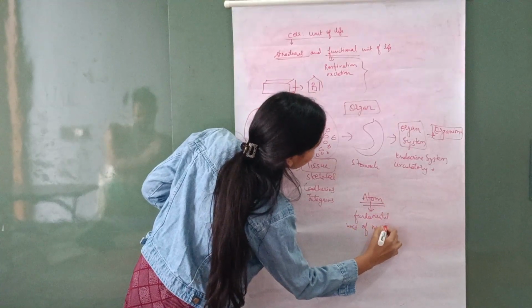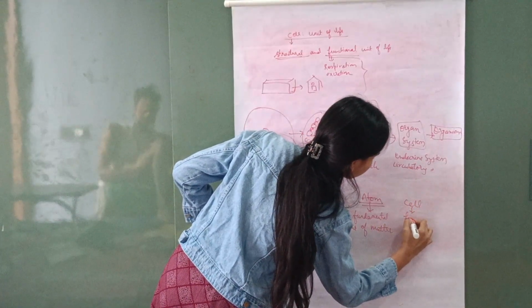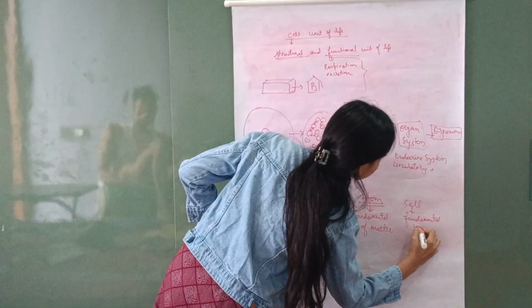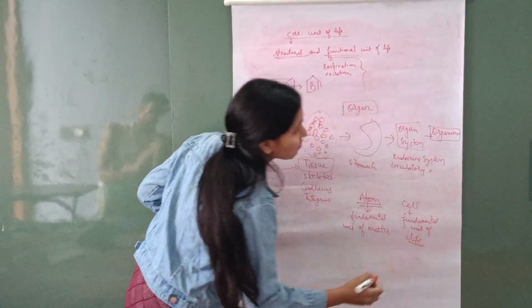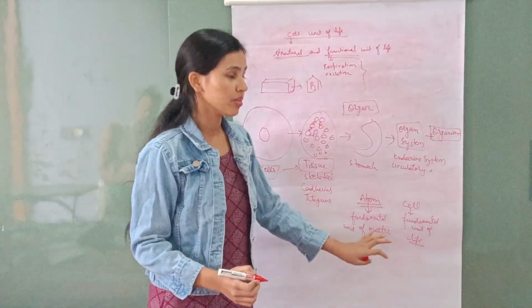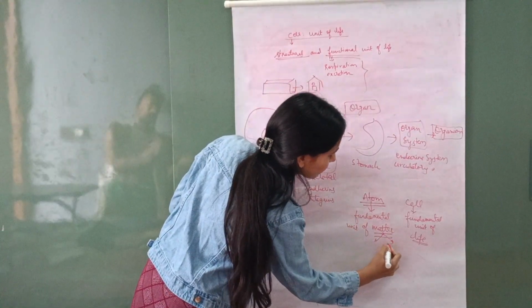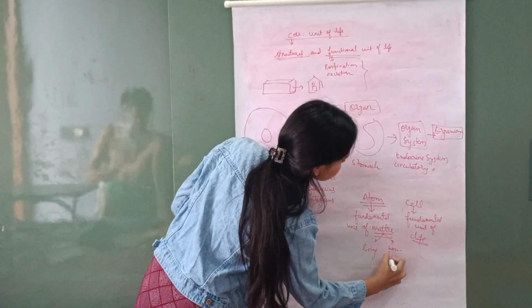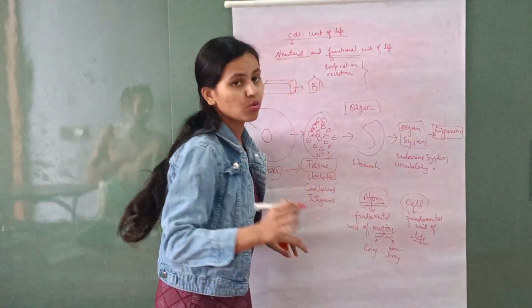See, the meaning is there in the name itself. And cell is a fundamental unit of life. I'm using the word life for the cell, whereas I'm using the word matter for the atom. And this is the difference. Matter can be living and non-living, whereas cell is always living. So this is the difference between an atom and a cell. Don't get confused.